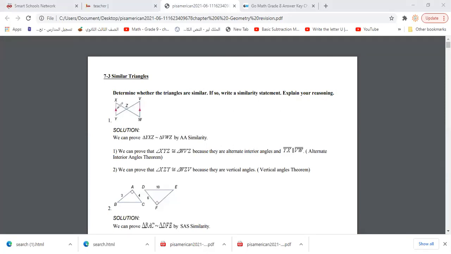What do you note about the sides here? They are parallel. And once we have two parallel lines, then we have to deal with alternate angles or corresponding angles or interior angles. Do you see any corresponding angles in this figure? No, alternate.